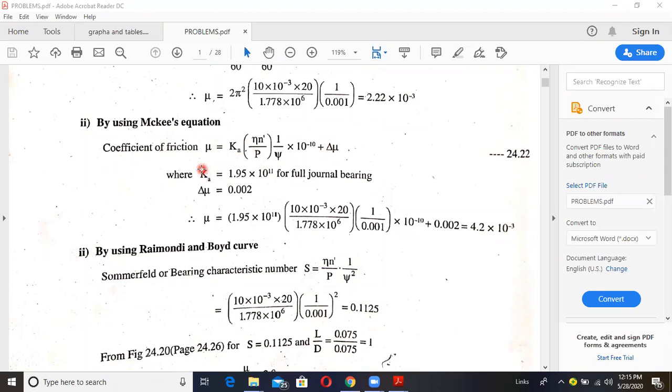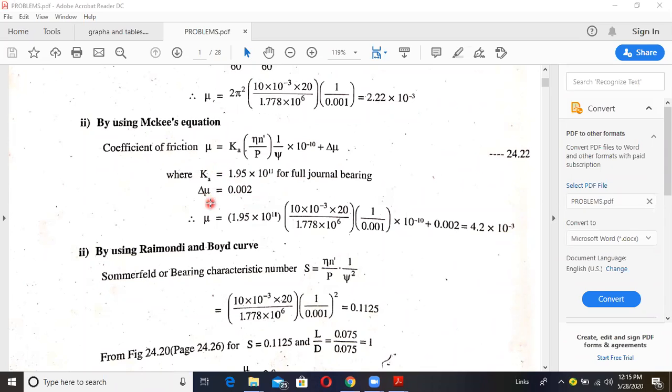Now we have to calculate Ka and delta mu. Ka is equal to 1.95 into 10 to the power of 11 for full journal bearing. This is constant Ka; always you have to take it for full journal bearing. Same thing, delta mu for full journal bearing is always 0.002.